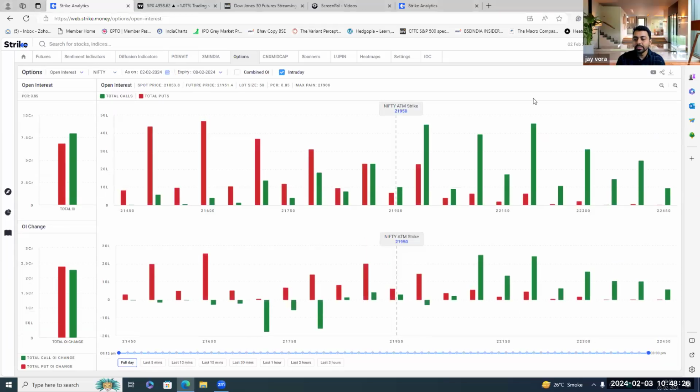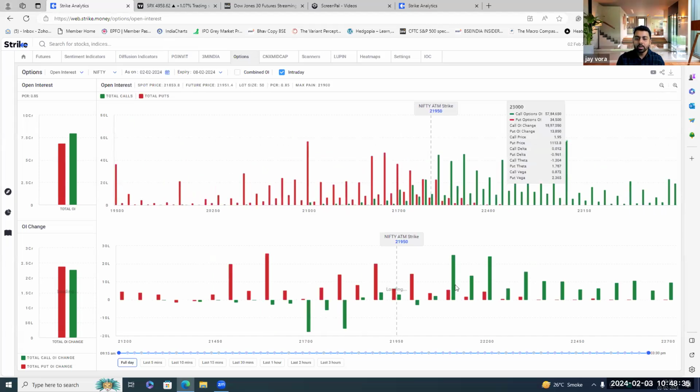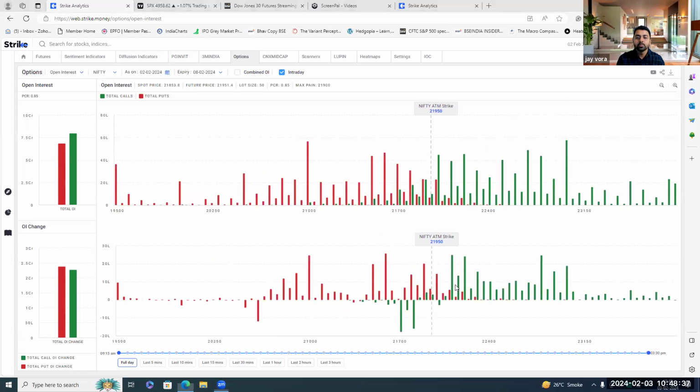Yeah, so see, this is basically a much more detailed version of what we are showing in the Strike OI insights. In this screen, what we are trying to show is where the highest open interest is. The green bars are the call option, and the red bars that you see are the put option.